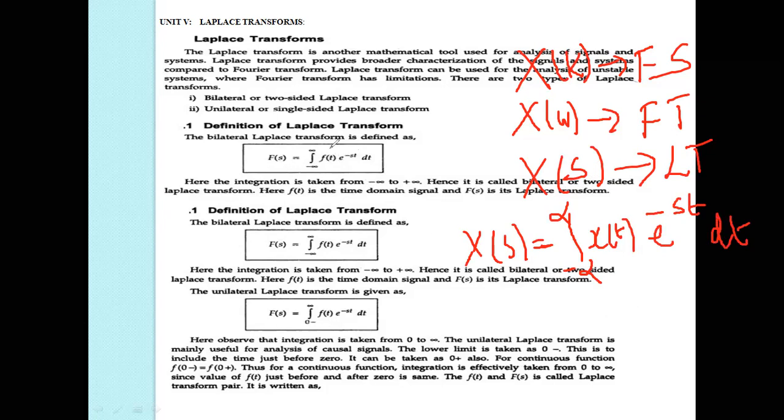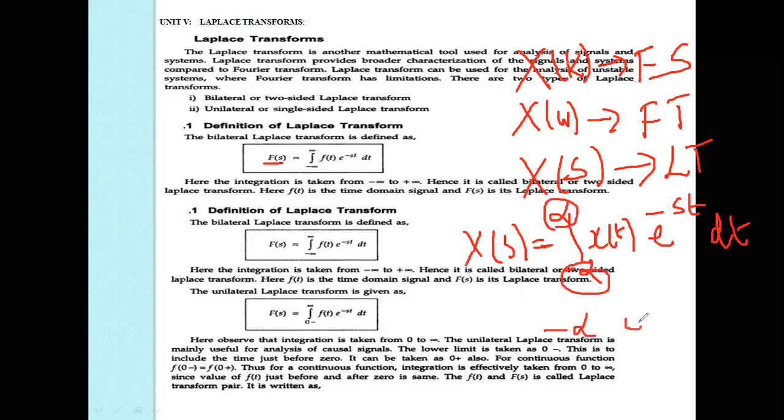Here inside I am taking f of t, so the frequency-domain function is f of s. Here the integration is taken from minus to plus infinite, hence it is called the bilateral or two-sided Laplace transform.